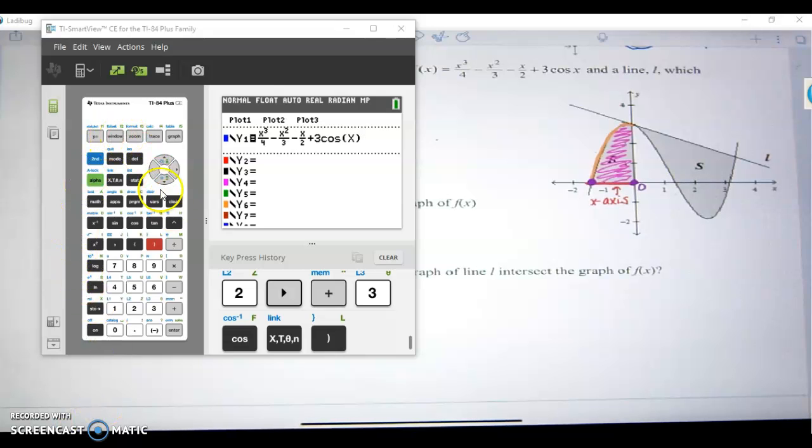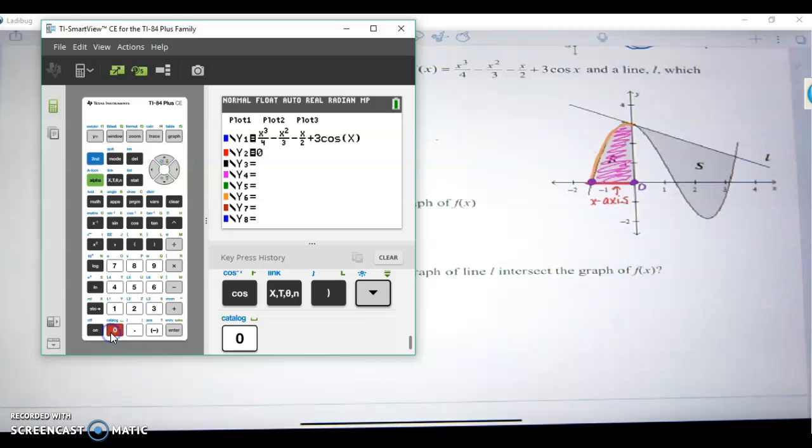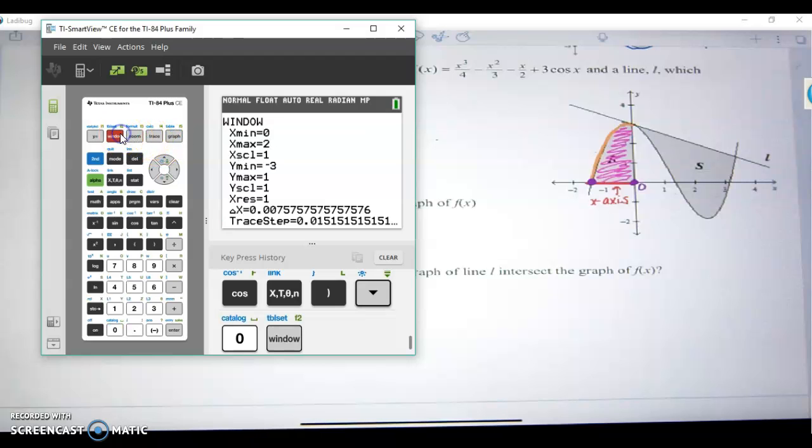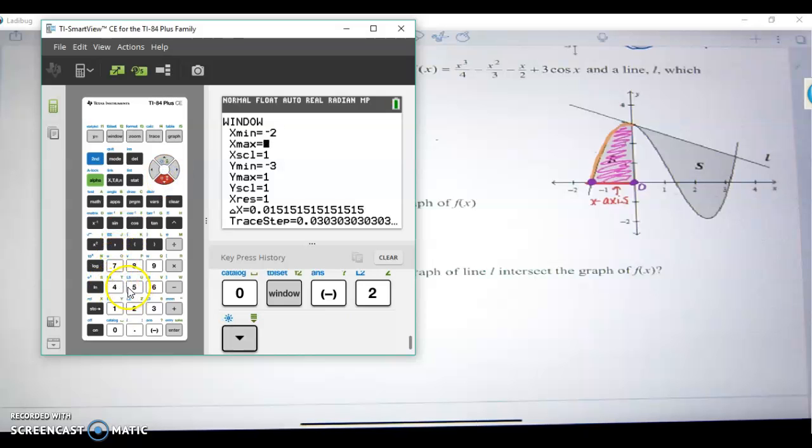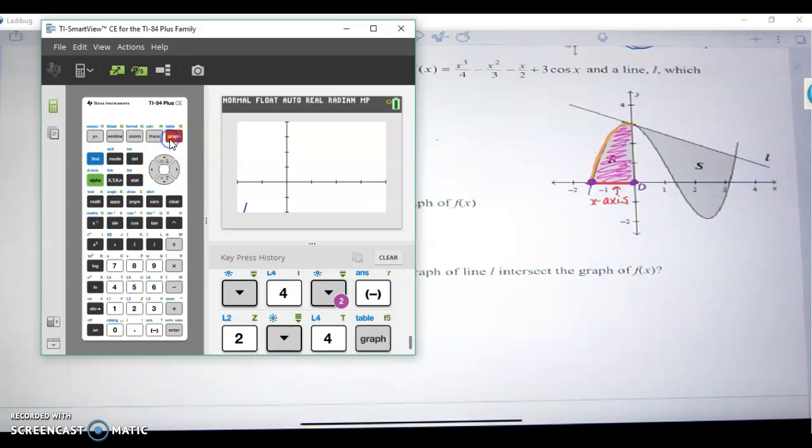I'm going to put 0 in y2 because we are going to need to figure out where that's going to intersect. We use the same windows from last time, so they have their x values going from -2 to 4, and then they have their y values going from -2 to 4 as well. This way it looks similar to the graph we have.